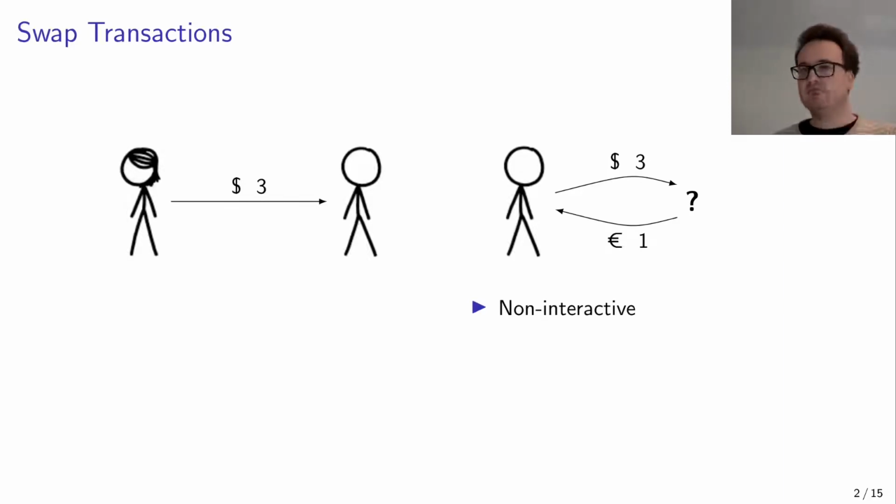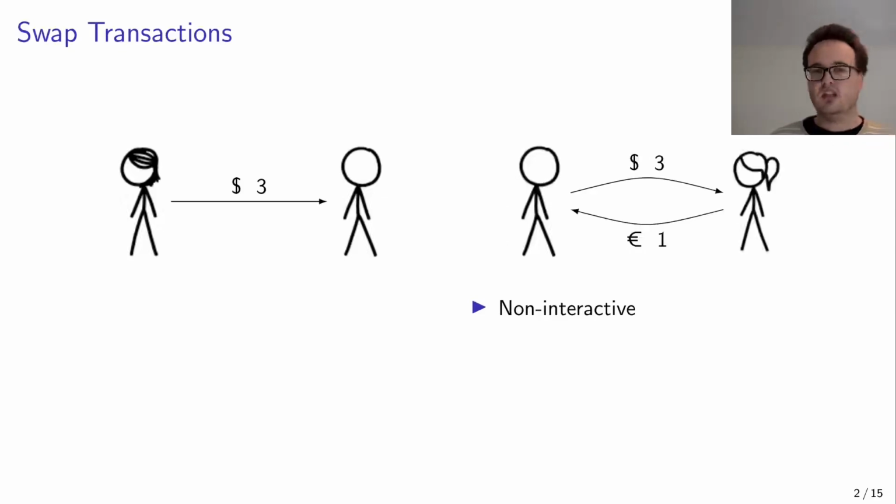He doesn't care who will actually fulfill the exchange, but of course somebody needs to exchange. Cueball cannot exchange with the system itself. But it should be non-interactive. So Cueball sends out the offer, and at a later point, he might receive €1. Somebody might pick up the offer and then fulfill the swap transaction.